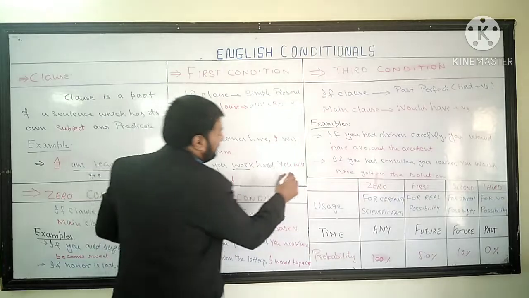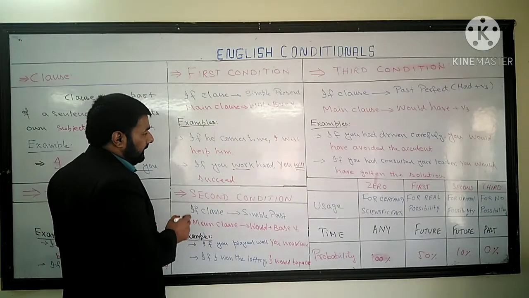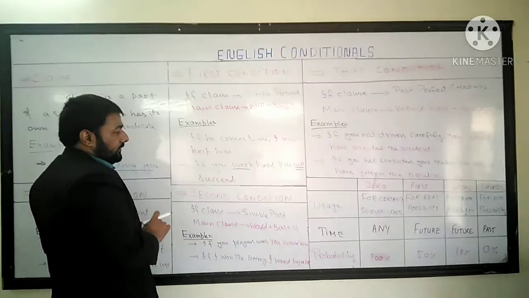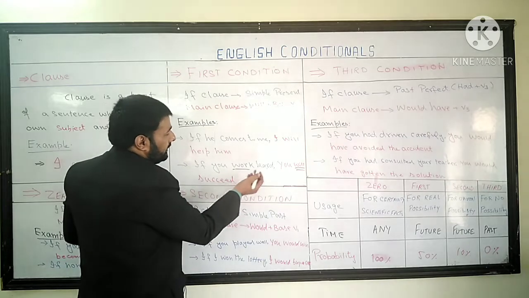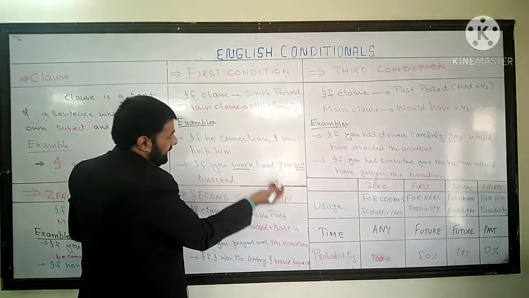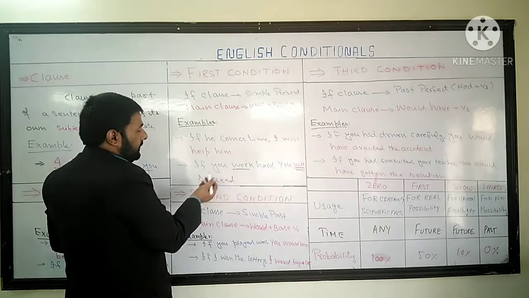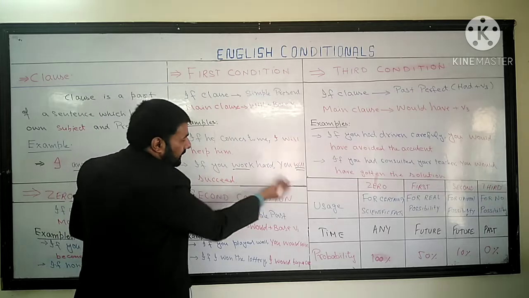The helping or auxiliary or modal will be missing: if you work hard, you dash succeed. Options would be given. Let's say: if you work hard, you might succeed; if you work hard, you might have succeed; if you work hard, you will have succeed; or if you work hard, you will succeed.